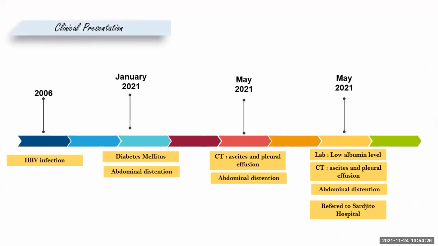So this is a case of a male. In 2006, he was confirmed with HBV infection. Then in January, he was diagnosed with diabetes mellitus, and he also had abdominal distension. Then in May, it progressed, and he had ascites and pleural effusion, and the distension prolonged, and he was referred to our hospital.